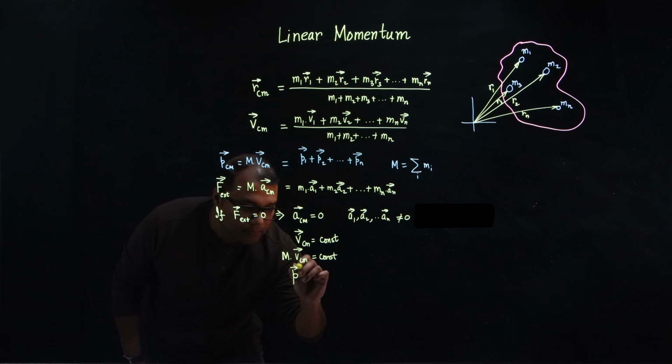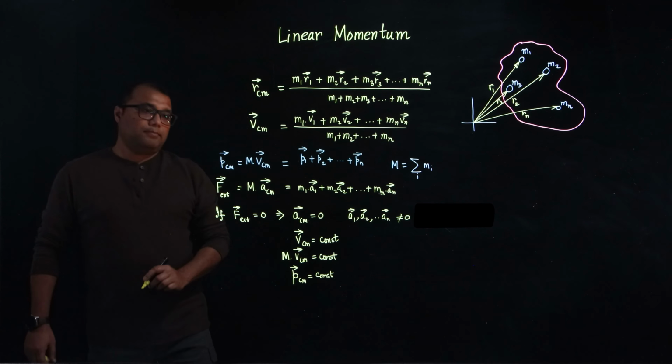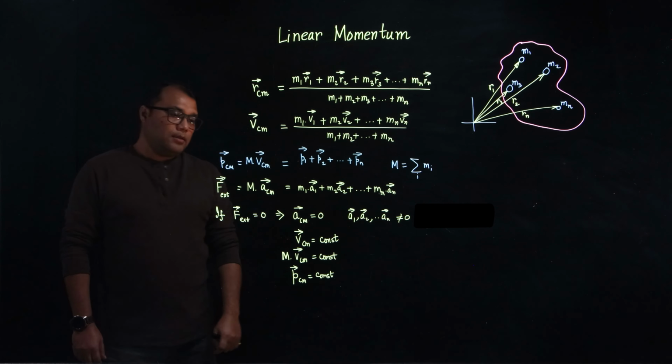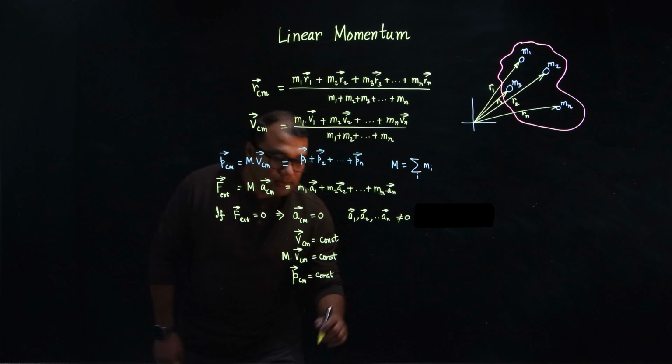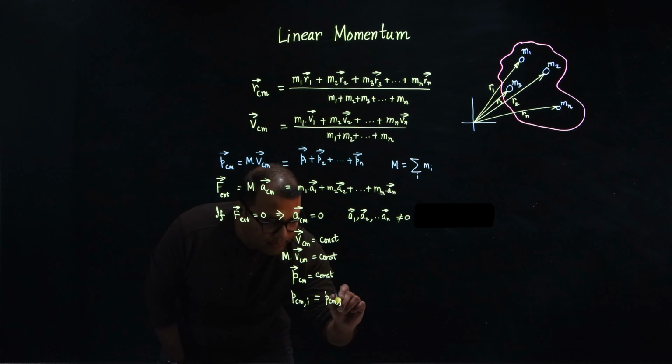The momentum of the center of mass is a constant. Okay, PCM is a constant. Okay, so what that means is whatever the momentum of the center of mass was in the initial state will be equal to the momentum of the center of mass in the final state.